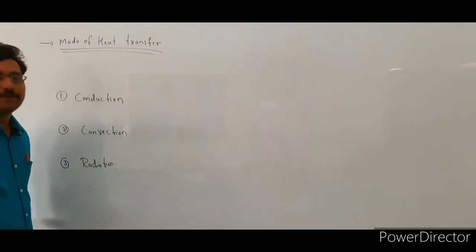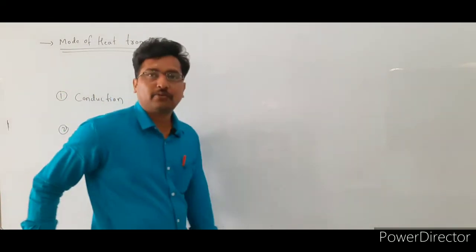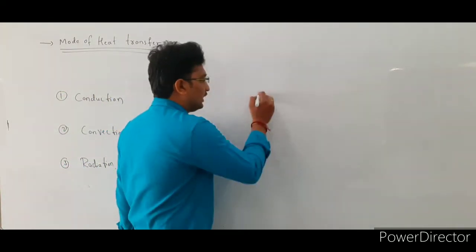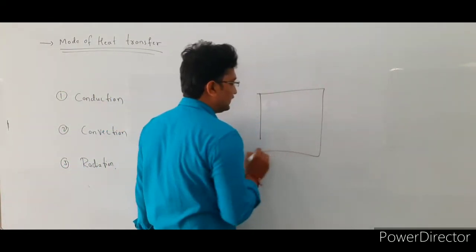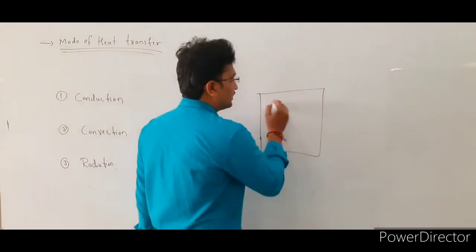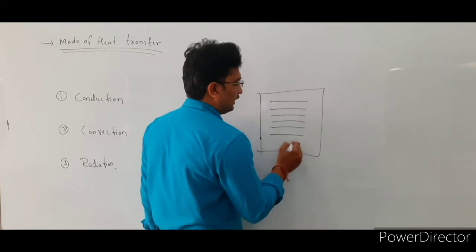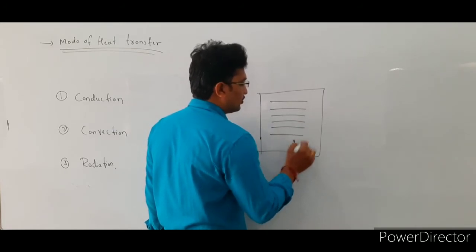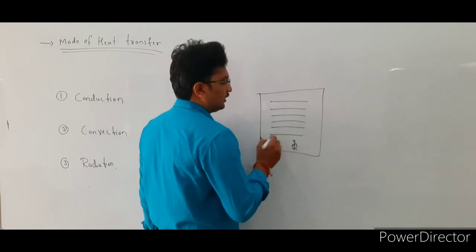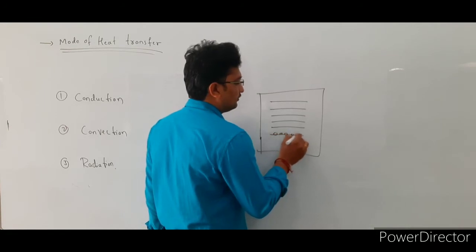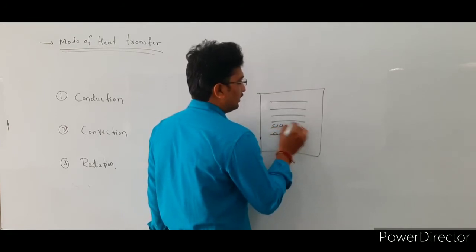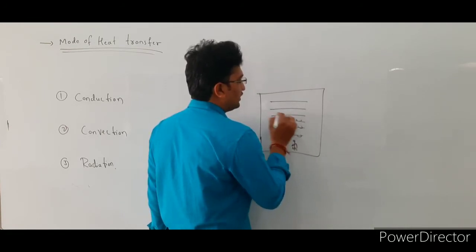Before we discuss this, just see the general example here. Consider this is a classroom, and this classroom consists of a number of benches, and a person is standing at this position. So many students are there in the classroom. Let us assume these all are the students.